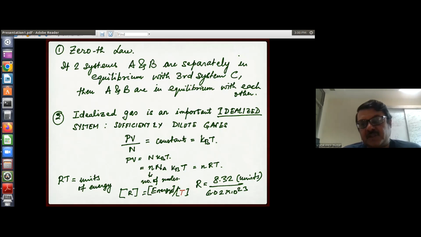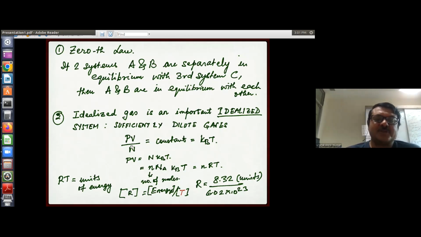It might liquefy. So once you are far away from that, the gas is behaving and obeying the law of PV equal to nRT. It is not going to obey once you are close to its liquid point where it becomes liquid. But if you are far away, where PV equal to nRT is valid, there you can use the properties of the ideal gas to set a temperature scale.